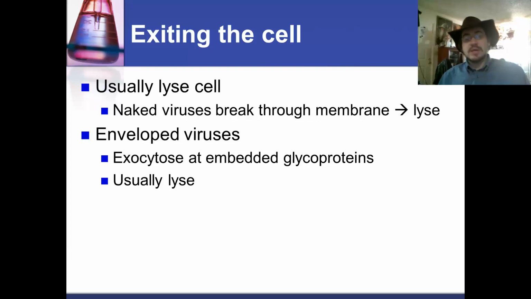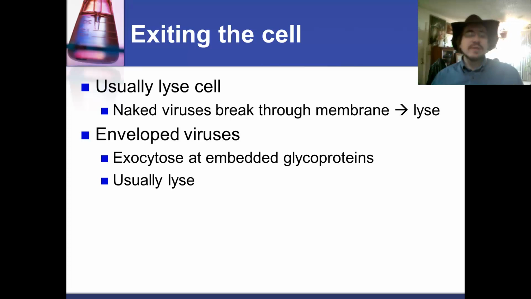And so, again, they're putting holes in the cell. There are cases in which when the virus exits the cell, it doesn't kill it. For instance, when HIV decides to replicate and infect the rest of your immune cells, it's not killing your immune cells, which allows it to hang out and then crank out AIDS and destroy you at a later time.